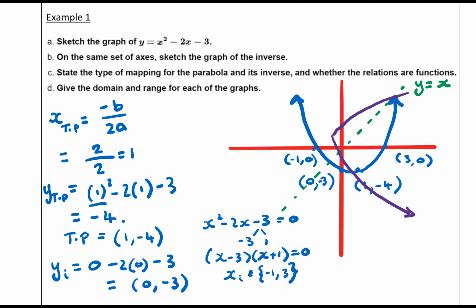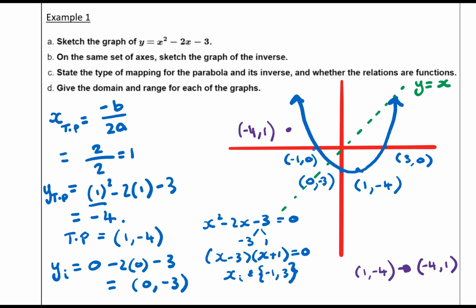Now I'm not too sure about the shape, so let's see if I can put into practice my understanding in order to help me out. (1, -4) will become (-4, 1) because I'm swapping x and y. So this turning point will also be a critical point, but it'll be (-4, 1). So that's down here. We'll call it (-4, 1).